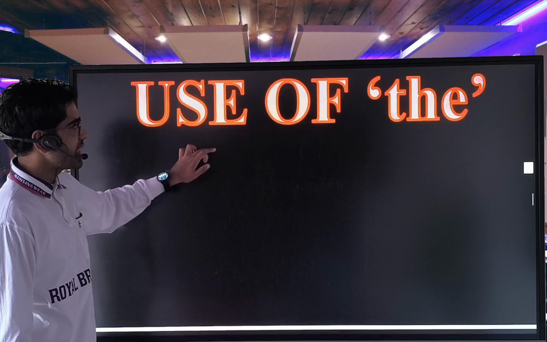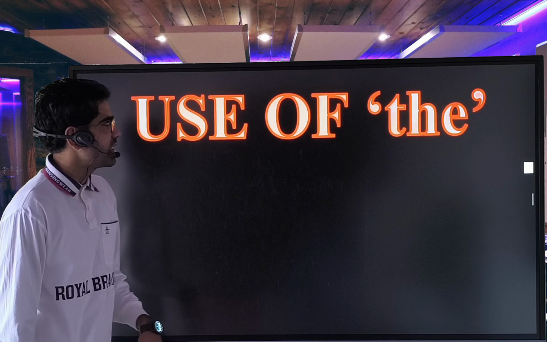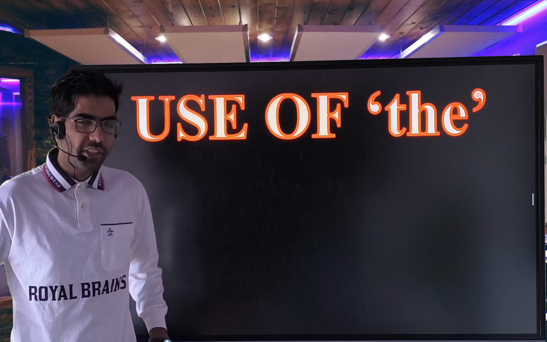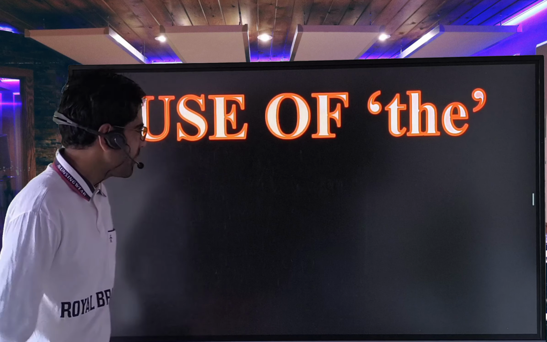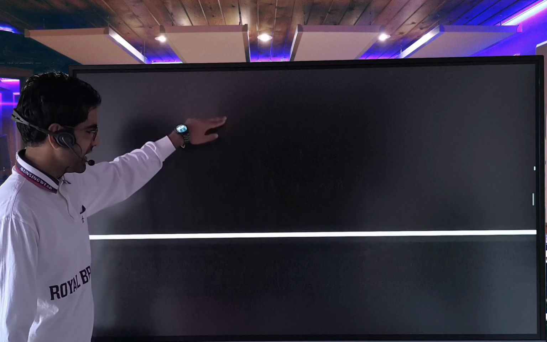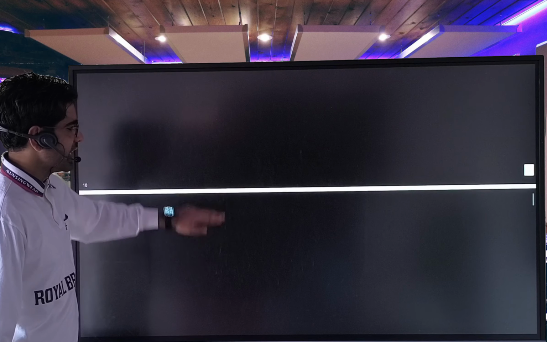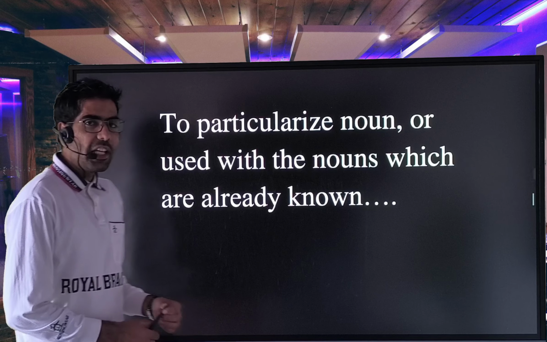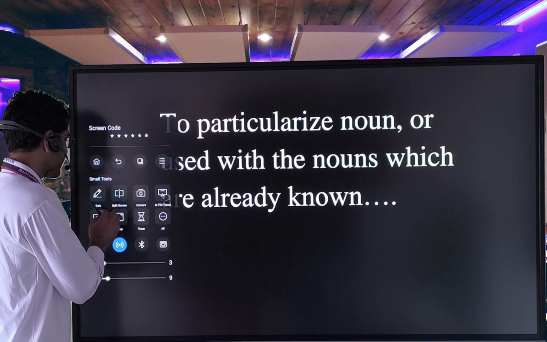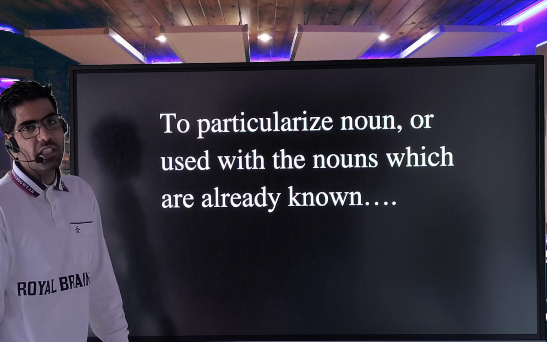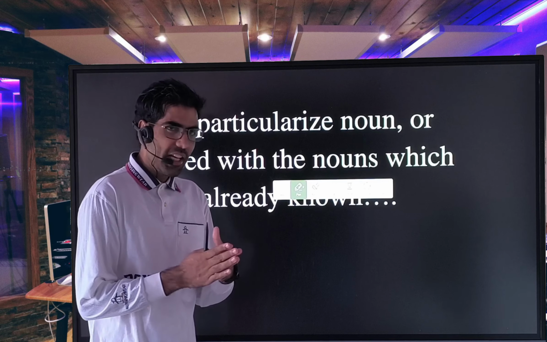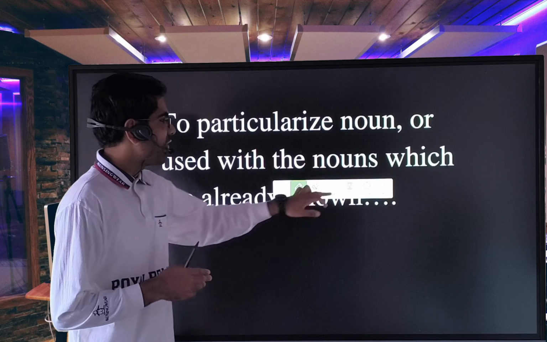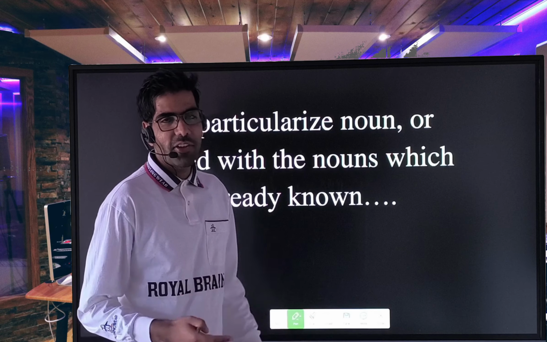Now, dear student, coming to the main important article, that's the definite article "the". So first of all, dear students, the first rule is that this article "the" particularizes nouns. It makes nouns special. In the beginning I had told you an article is a word that indicates whether a noun is specific or non-specific.